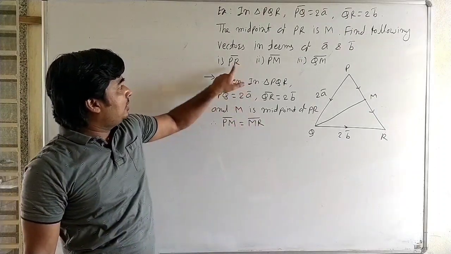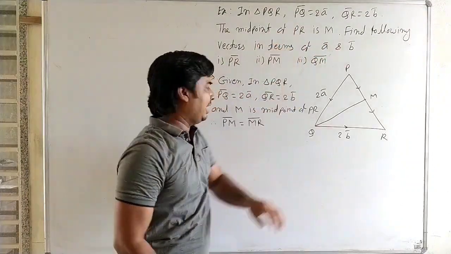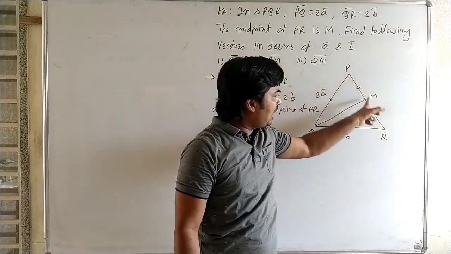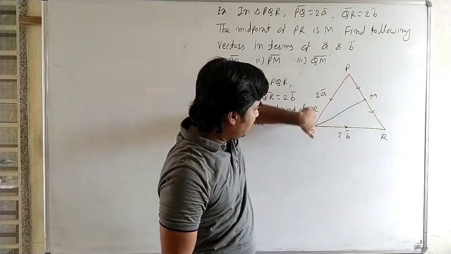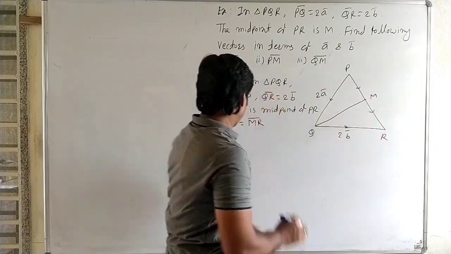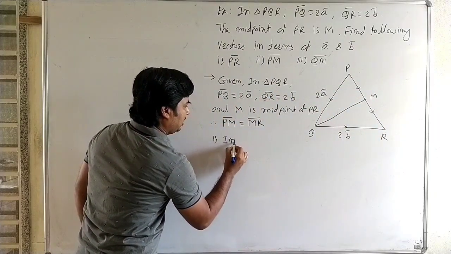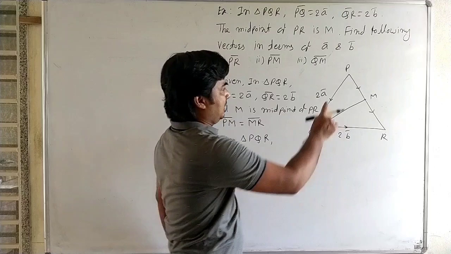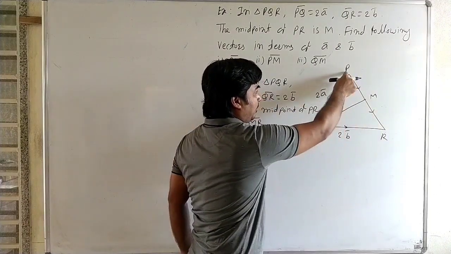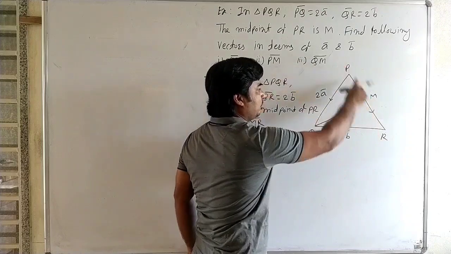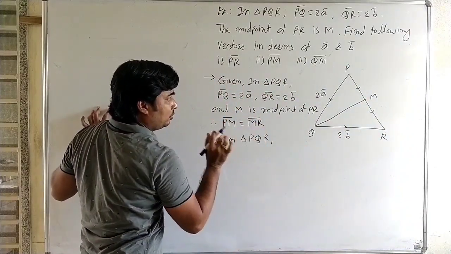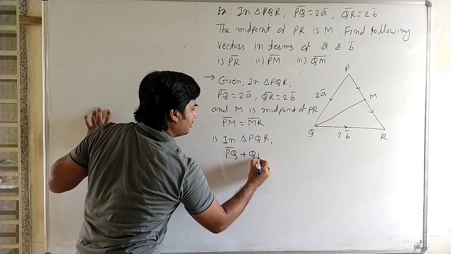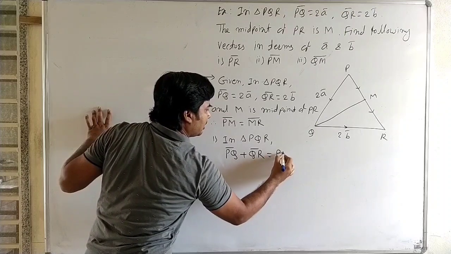Now we find the vector PR in terms of A and B. First we find the vector PR. In triangle PQR, by triangular addition, vector PQ plus vector QR is equal to vector PR.